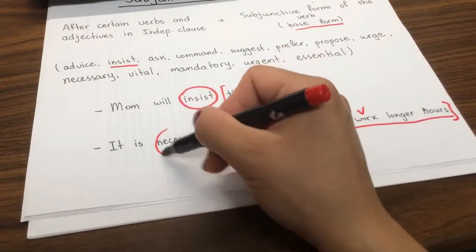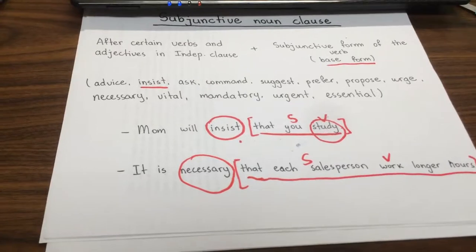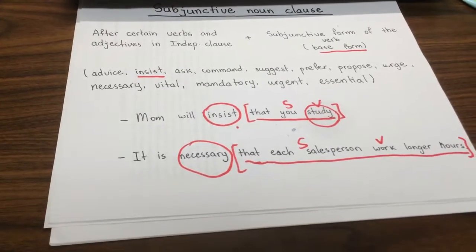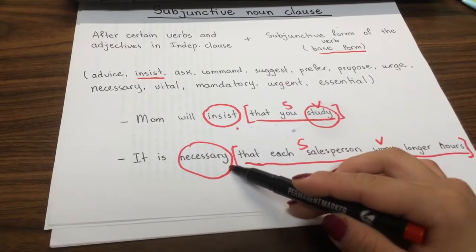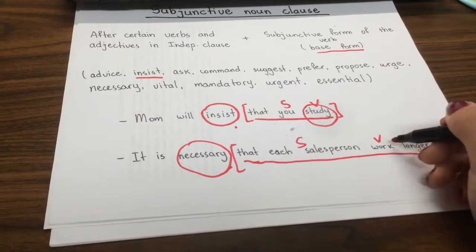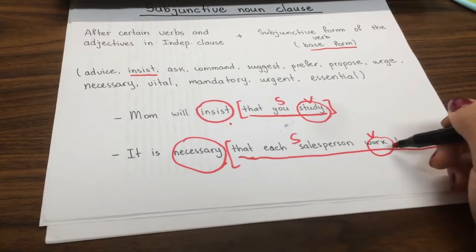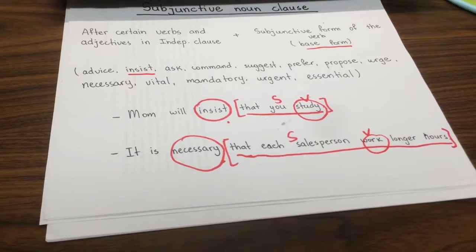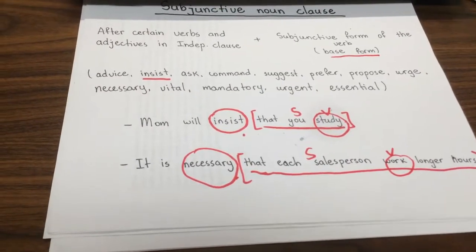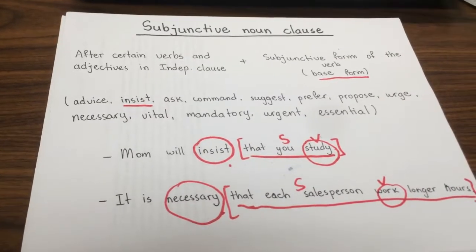And necessary is the certain adjective that we have in this independent clause. And like we said, if there is necessary, the verb of the dependent clause has to have the base form, which is clearly shown here as work. And this is all about subjunctive noun clauses.